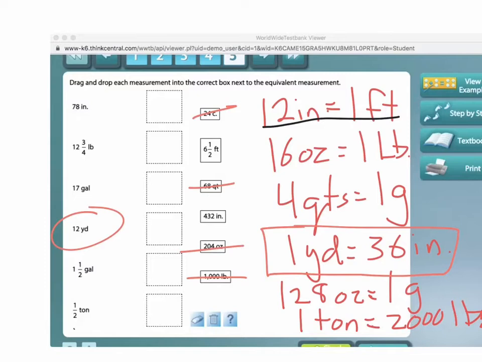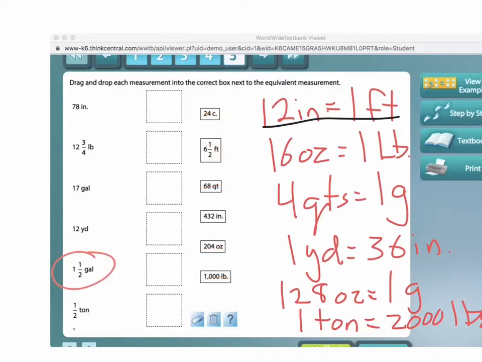And when I do that math, I'm going to end up with 432 inches. 6.5 feet? 1 yard is 3 feet, so 12 yards will be way more than 6.5 feet. So I really don't have to do the math on that, but if you wanted to, multiply 12 times 36 to get 432 inches.